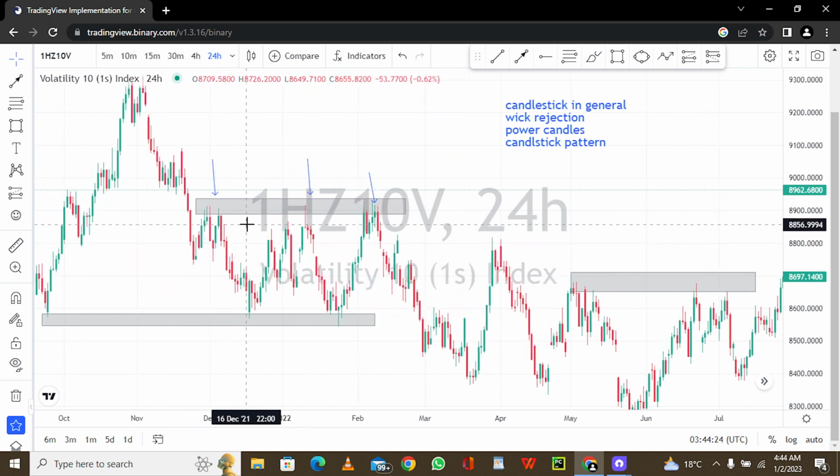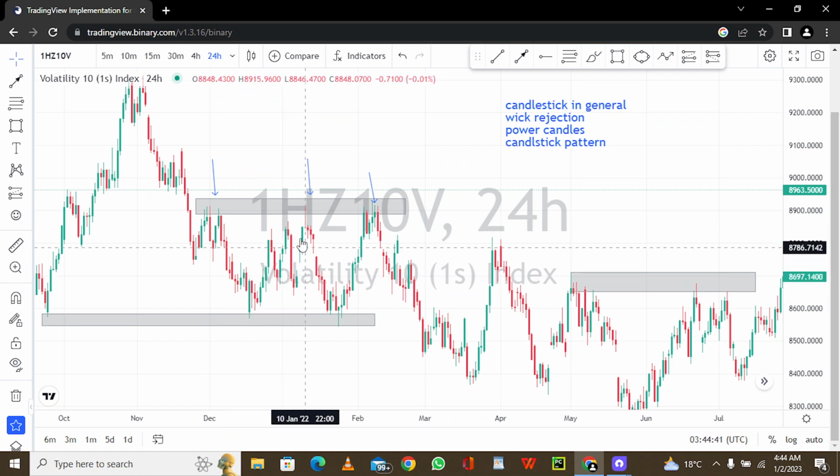So when you see this type of wick forming in the market, what comes to your mind is that there is a presence of the opposite pair. If you are experiencing a wick rejection to the downside, it's telling you that sellers are present in this market.